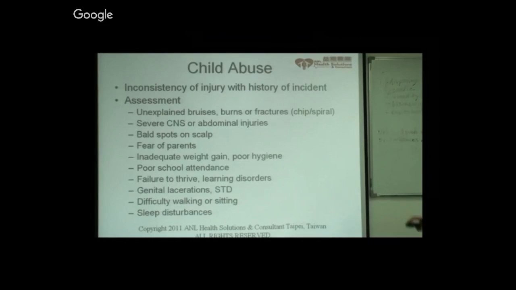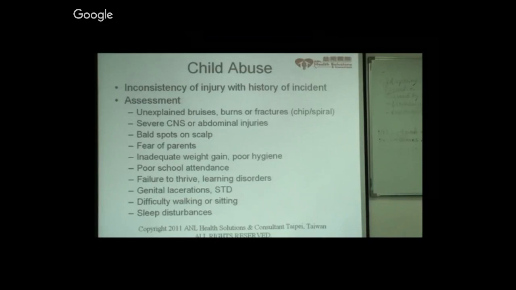Assessment: you look at the child, so what will you see? Unexplained bruises in the body. Burns, especially at the back. Fractures, chip and spiral types of fractures in the bone. Severe CNS and abdominal injuries. Bald spots on the scalp, why?